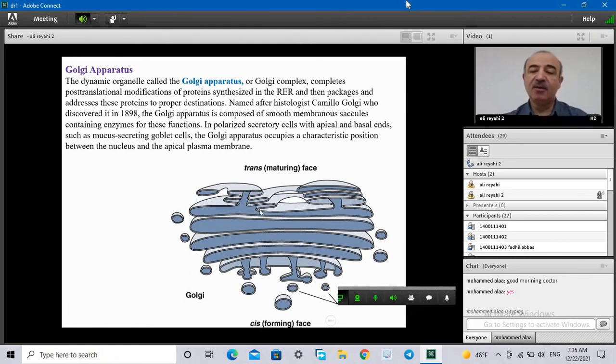Near the saccules of the Golgi apparatus you can see some vesicles that transport content or proteins from one saccule to another. So it's important. The Golgi apparatus is important for post-translational modification of proteins and for protein synthesis.